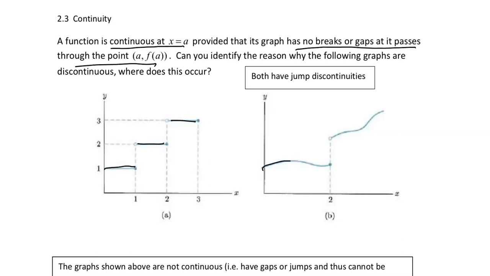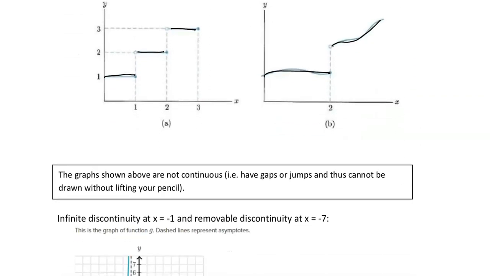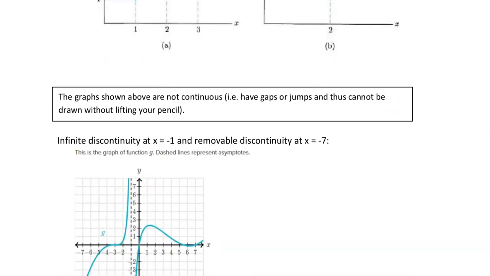If you're drawing a function and you have to stop what you're doing and pick up your pen and move to a higher level or a different spot, you have what's called a jump discontinuity. Those graphs both have jump discontinuities because you cannot finish the sketch without lifting your pencil.